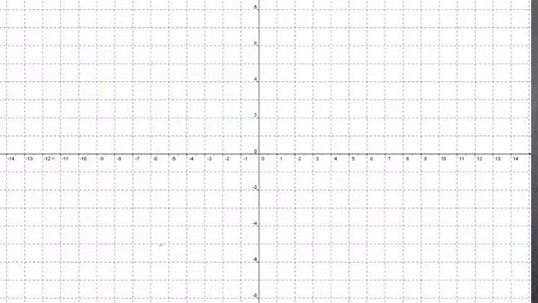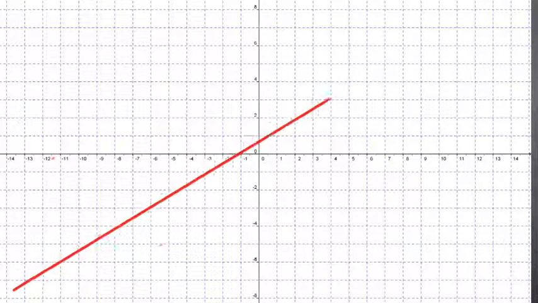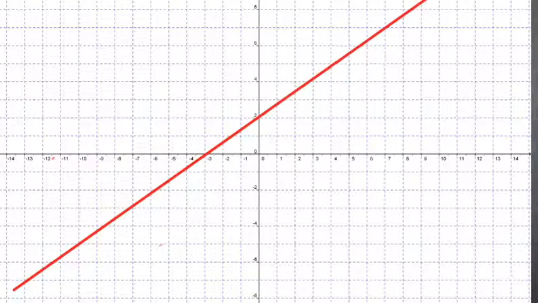Let's say we are given a line. I'm kind of doing it handmade style, so it probably isn't coming out perfect. There's that point. There's that point. Does that work or not?